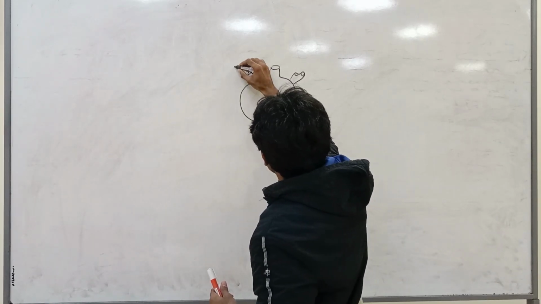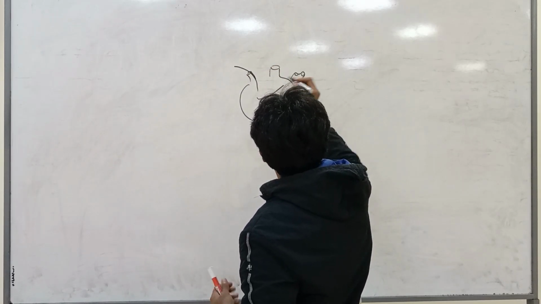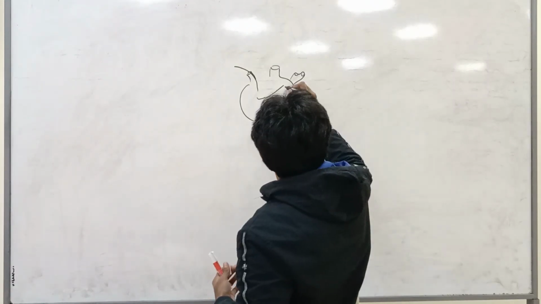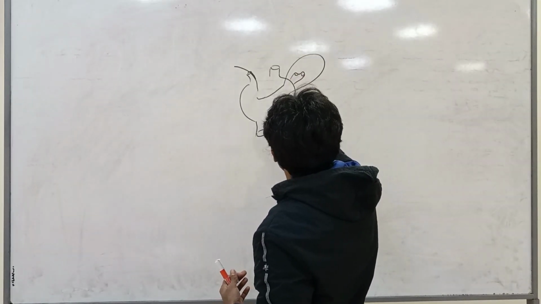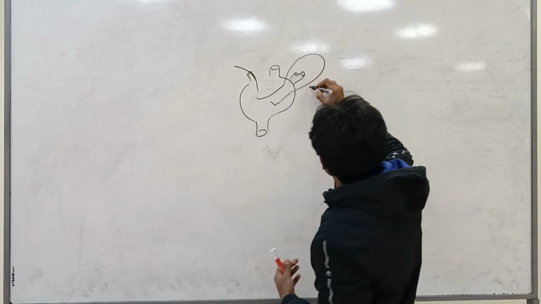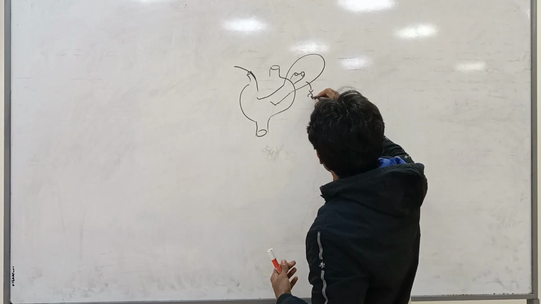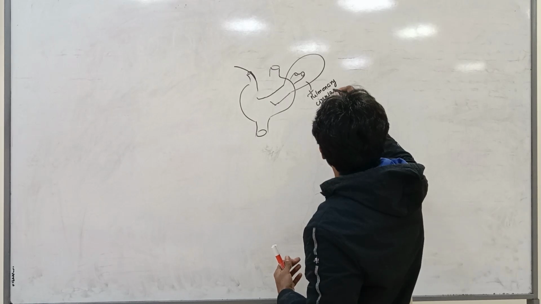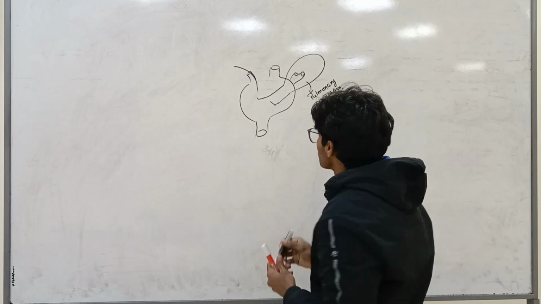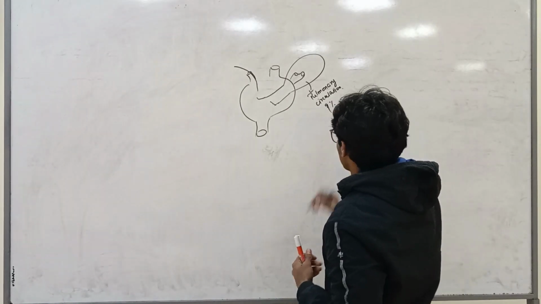From the superior vena cava, blood goes into the lungs and back. This circulation is known as pulmonary circulation, which is 9% of the total.